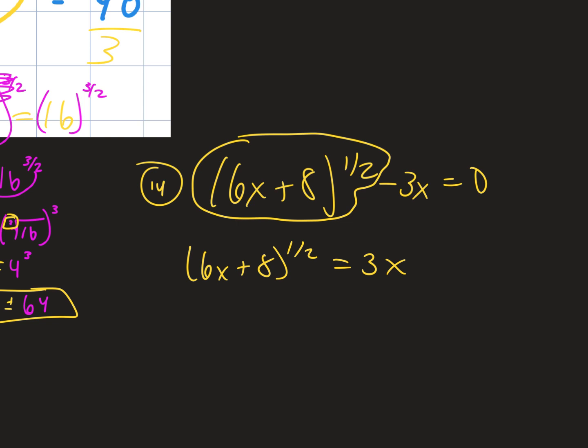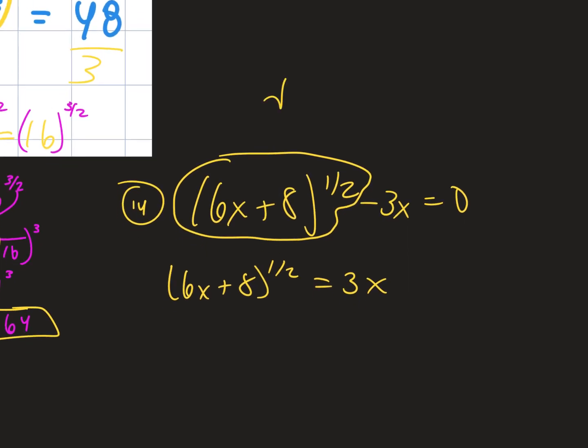What's another way that I could write 6x plus 8 to the 1/2? Is that the same as the square root of 6x plus 8? Yes? Okay. So there are 2 ways you could do this. You could look at it as a square root and then square both sides. Or you could ask, what do I do to get the 1/2 to go away?